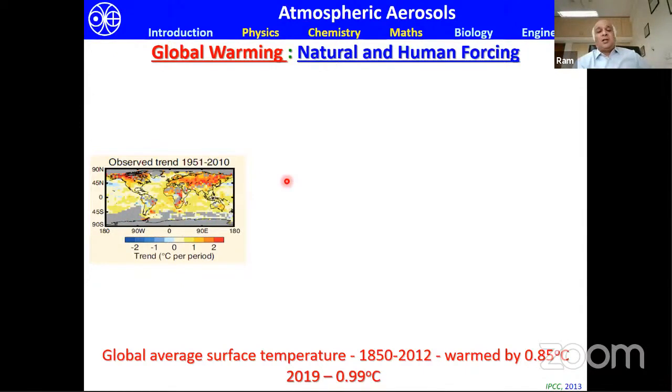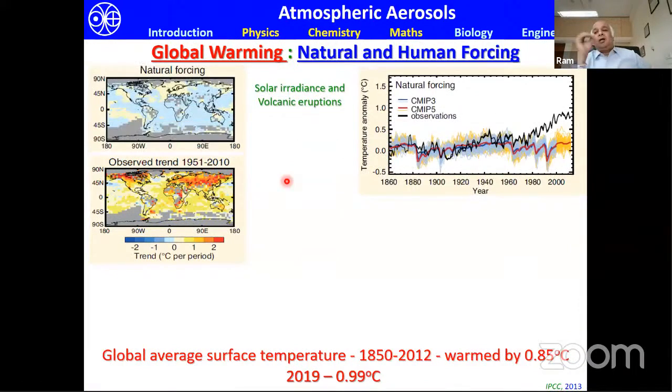So what we do is, let us put the known causes contributing to global warming or increase in temperature. So let us put the natural causes, which are the changes in the solar irradiance and the volcanic eruptions. We have already seen that after a volcanic eruption, the surface temperature will actually decrease vis-a-vis the regular time frame.